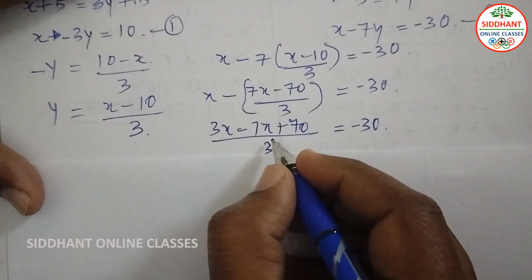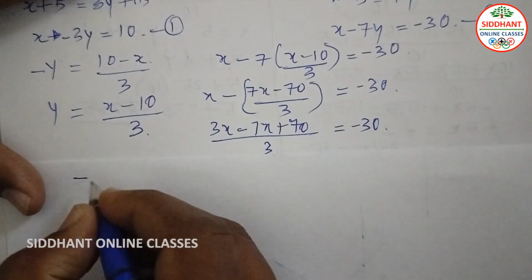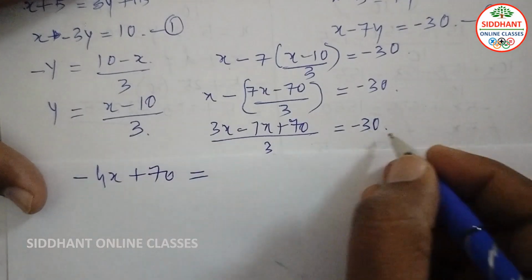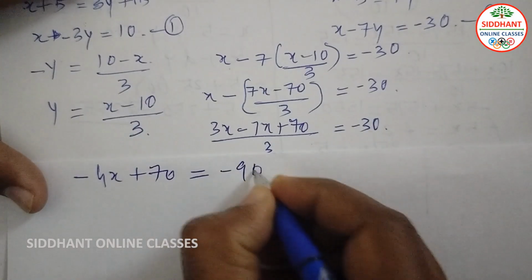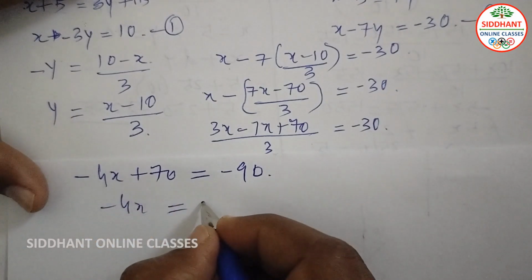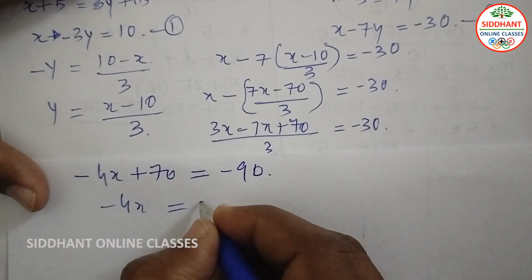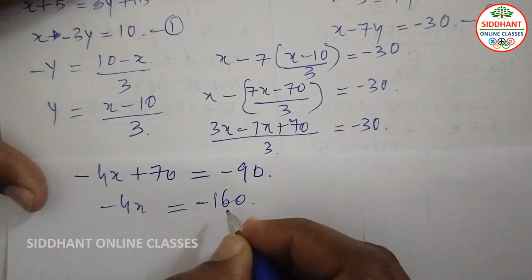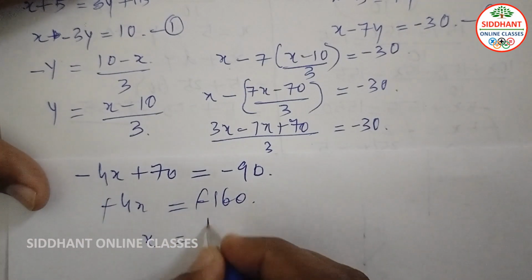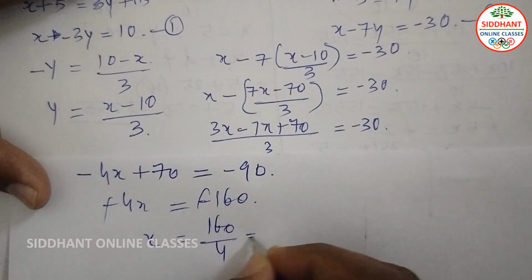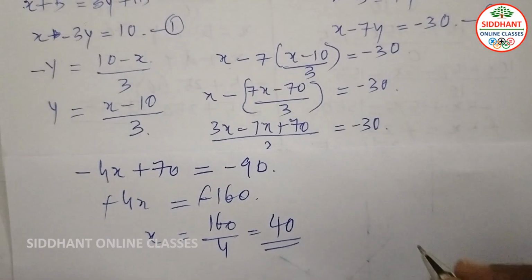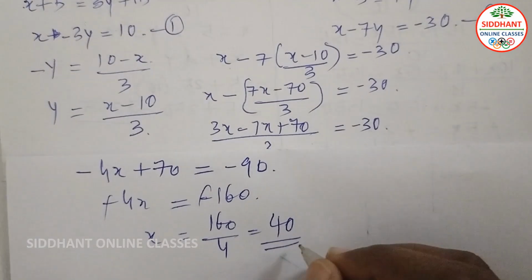So now 3x minus 7x, which will become minus 4x plus 70, that equal to 3 into minus 30, which will be minus 90 here. So minus 4x, that equal to minus 90 minus 70, that will be minus 160. So minus minus cancel, so x equal to 160 by 4, so that will become 40 here. So we know x value.